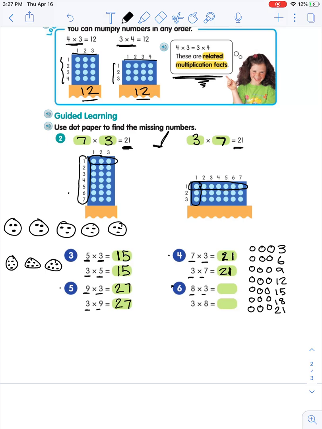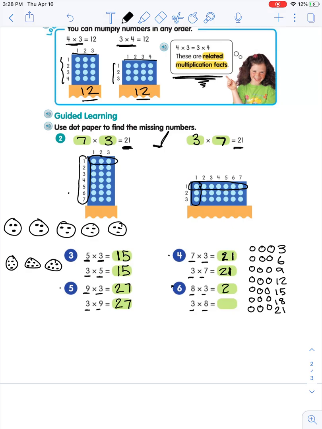Now let's take a look at number 6. We have 8 groups with 3 in each group, or we have 3 groups with 8 in each group. Either way, I'm skip counting by 3 8 times, right? Well, if I skip counted by 3 9 times before, I know I'm just doing 3 less for 8 times 3. So if I think about that, that could be a quick fact, right?